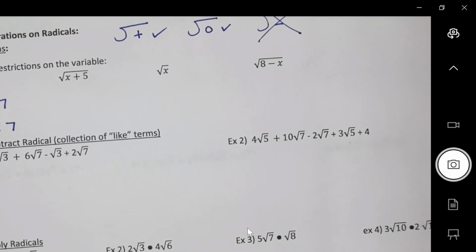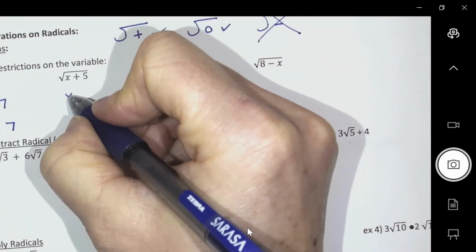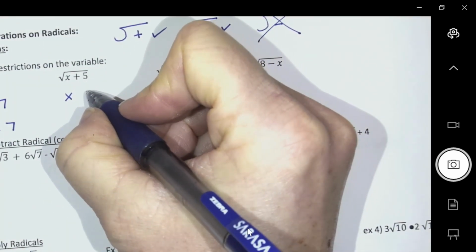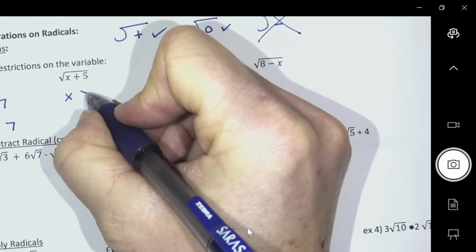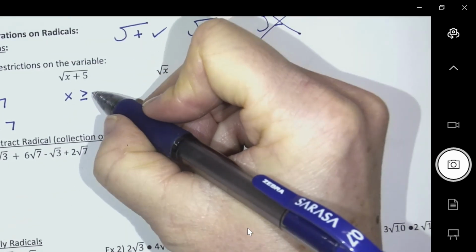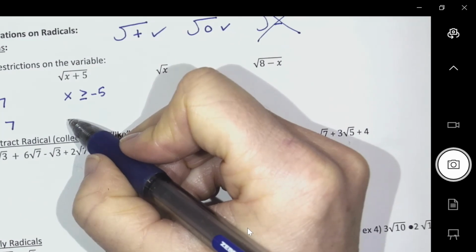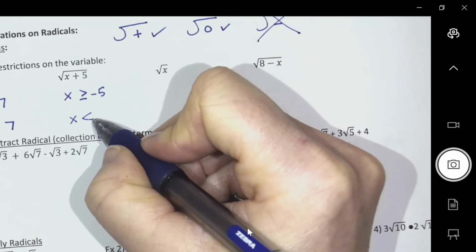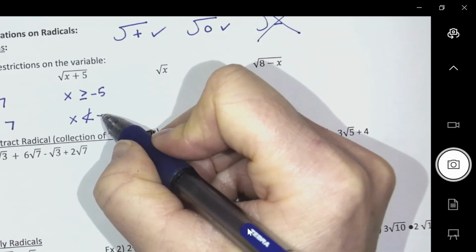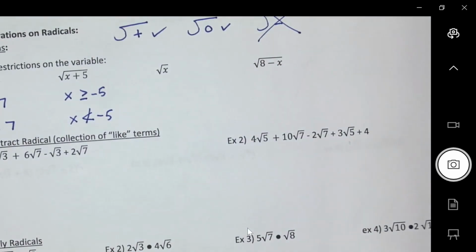Okay. Number 2. What do I want? I need it to be bigger or equal to negative 5. Or if I change the format, I don't want x to be less than negative 5. Something like negative 7, that's bad.